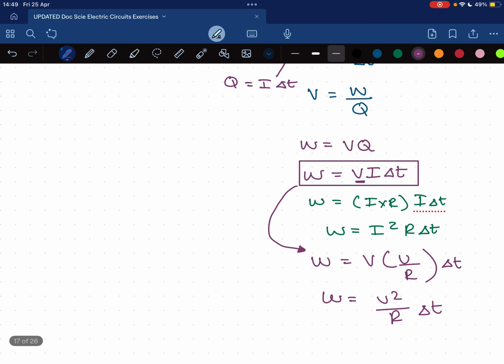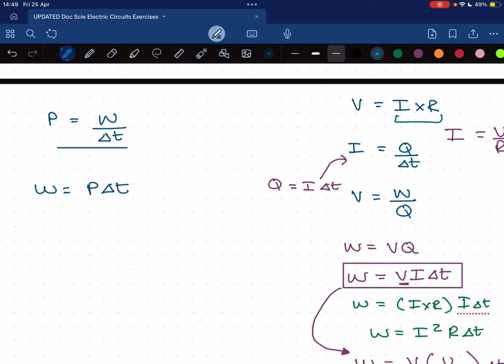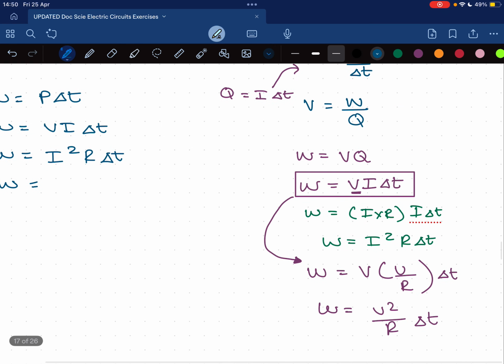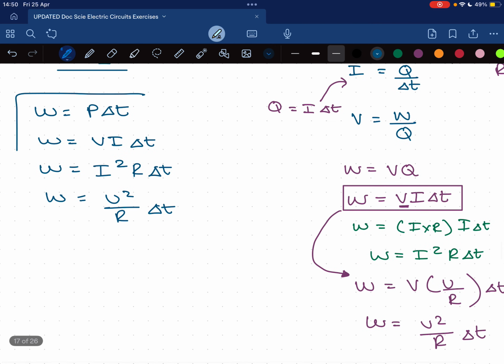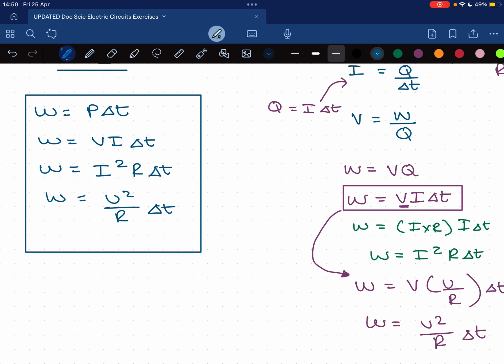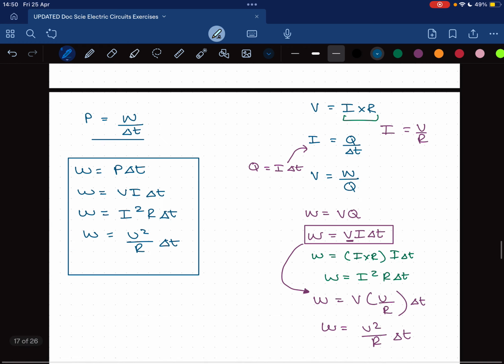So we technically, from this, have four equations for W. We can say W is equal to P delta T. We could say W is equal to V I delta T. We could say W is equal to I squared R delta T, or W is equal to V squared over R delta T. So it's just four ways that you can actually get to these formulas by using what we already know, Ohm's law and all the other stuff.